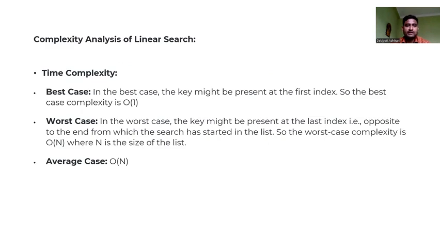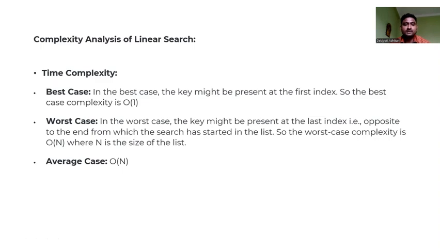Time complexity of this algorithm. The best case of this algorithm is big O 1, because when our target element is present at index number 0, only one pass is required.